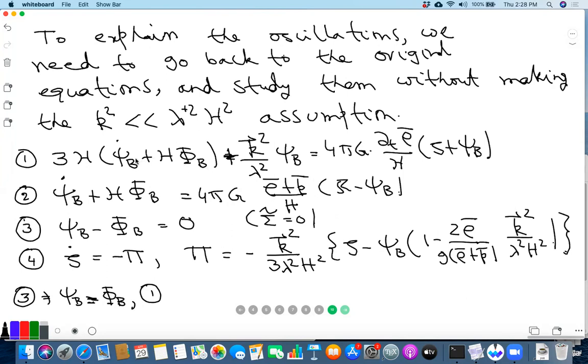So once you substitute psi b as phi b, 1 gives you zeta in terms of phi b and phi b dot.